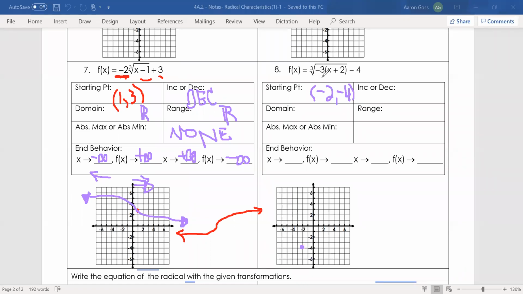So I have this negative in here, so it reflects across the y-axis. But interesting thing: reflecting across the x-axis and the y-axis, for cubics, the same thing happens. So I'm going to take the parent function and reflect it across the y-axis, which means it's going to look like this.